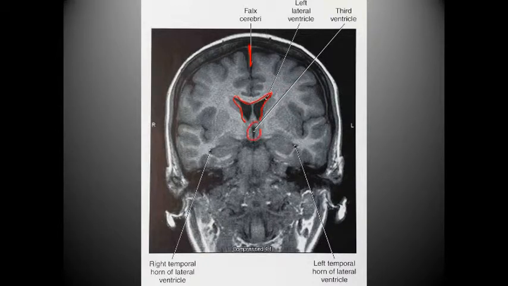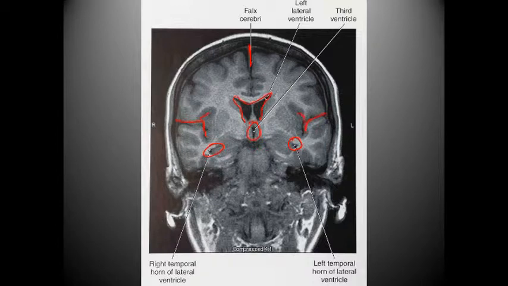falx cerebri here, third ventricle, we're seeing temporal horns of the lateral ventricle, but they're very difficult to distinguish here on this image.